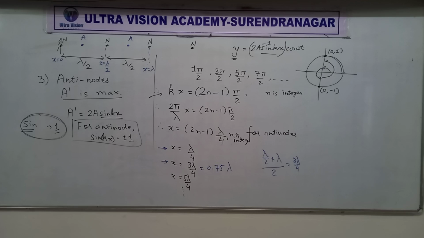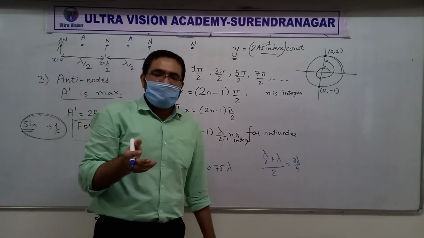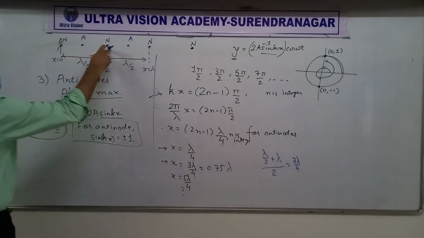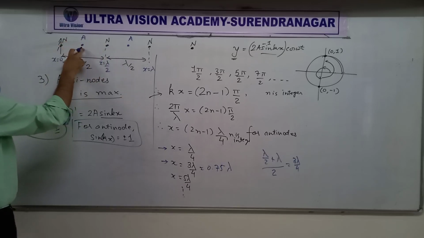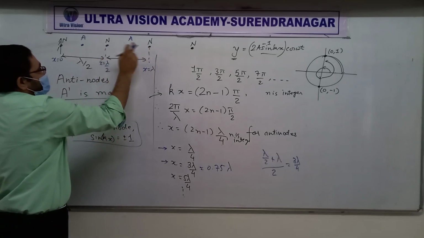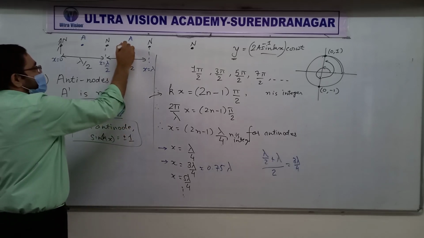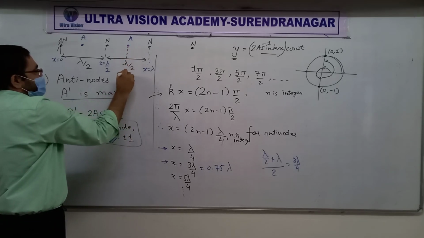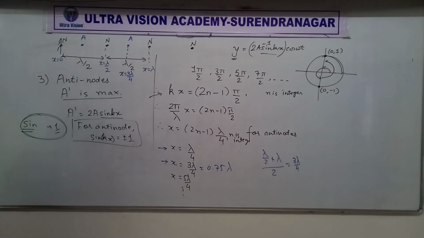So where is the second antinode? It's here. Are we noticing a pattern? The pattern is that between two consecutive nodes, we are getting an antinode.